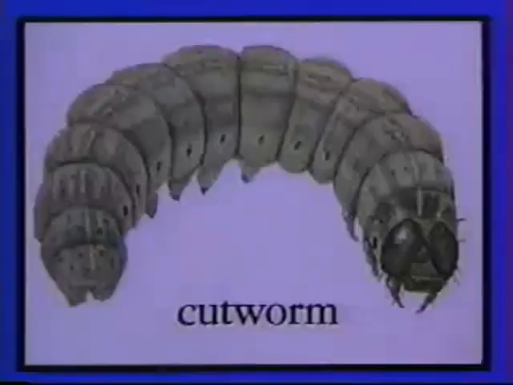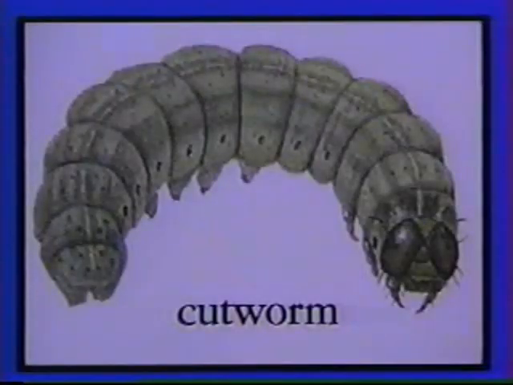The cutworm is another big problem that we have. It basically gets up there and cuts that plant off. So we want to make sure that we're well prepared to make the identification and go in and take care of those. The larvae have chewing mouth parts and damage plants by their feeding activity.